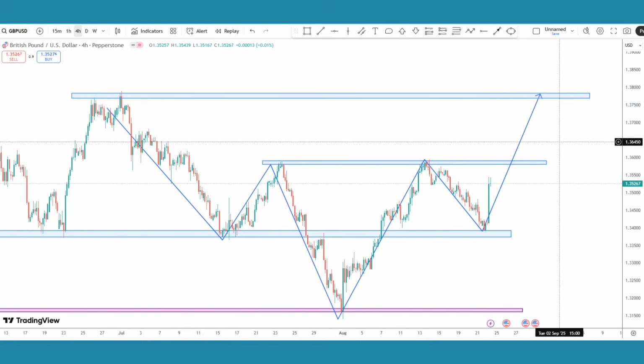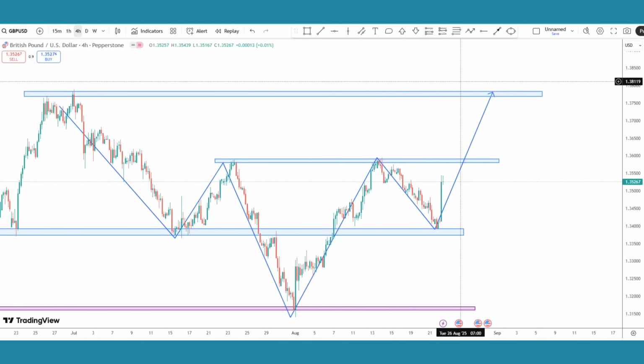Okay, so what I'll be looking for is a break of price above this zone here, the 1.358 level. Depending on how price breaks it, if it breaks it really strongly to the upside, then I might just enter my trade and look for a very good stop loss.